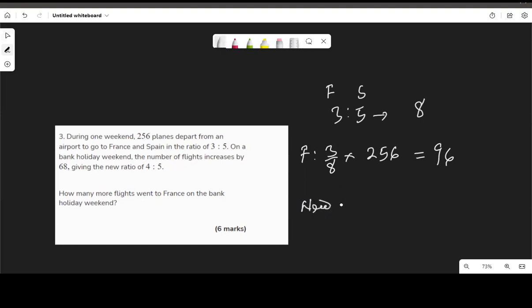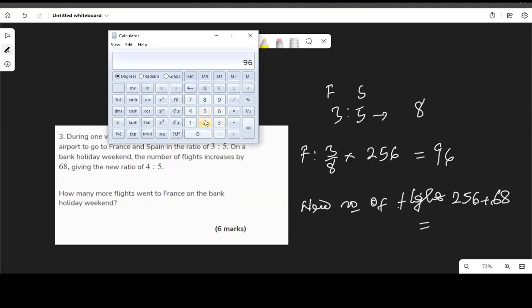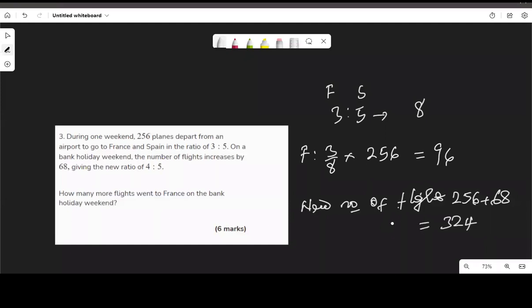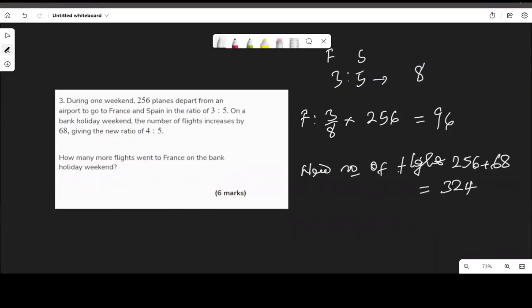The new number of flights will be this 256 plus 68, because the number of flights increases by 68. 256 plus 68 is equal to 324.